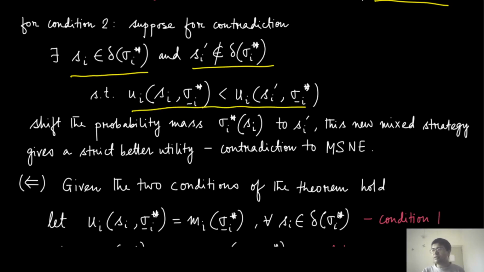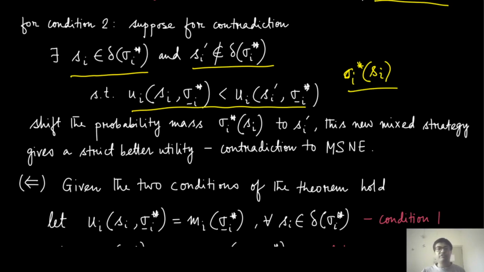So what can happen? It's a very similar argument to the one we gave a few minutes ago. There was some amount of probability mass associated with this SI, right? So the sigma I star of SI was the probability mass that this MSNE strategy profile was giving on SI.